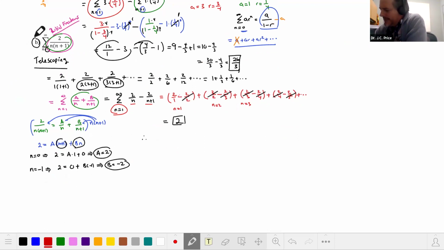Sometimes I write this as S. So therefore, S converges, and it converges because it is telescoping. So let's write, therefore, S converges to 2 because it is a telescoping series.